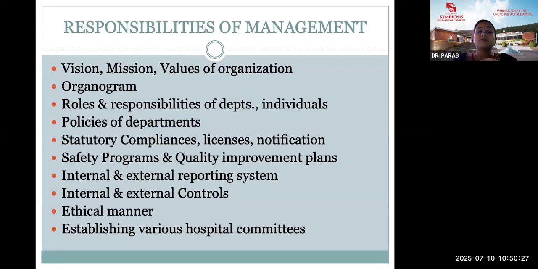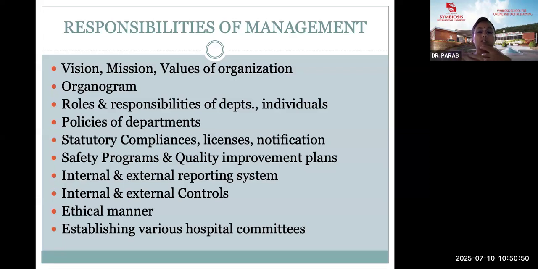Management is also responsible for all the statutory compliances, licenses, and notifications. The management cannot say that, well, my administrator forgot to renew the hospital license. That's not acceptable. It will be the owners of the organization who would be responsible for this at the end of the day. So they will be penalized and not the employees.